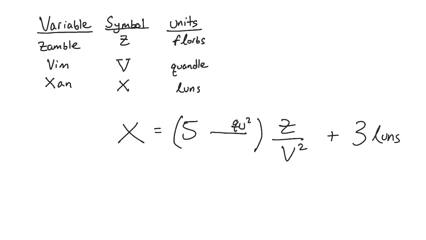You've got Zambel up top, and that has units of florbs, so you're going to need florbs on the bottom to cancel out when you ultimately plug in for a certain number of Zambel for the variable Zambel. And then, of course, this whole multiplication better give you luns, so you're going to need luns here in the numerator, and that gets multiplied like that. And now we have it, and we just did it real quick without having to plug anything in because we see this abstract pattern now.